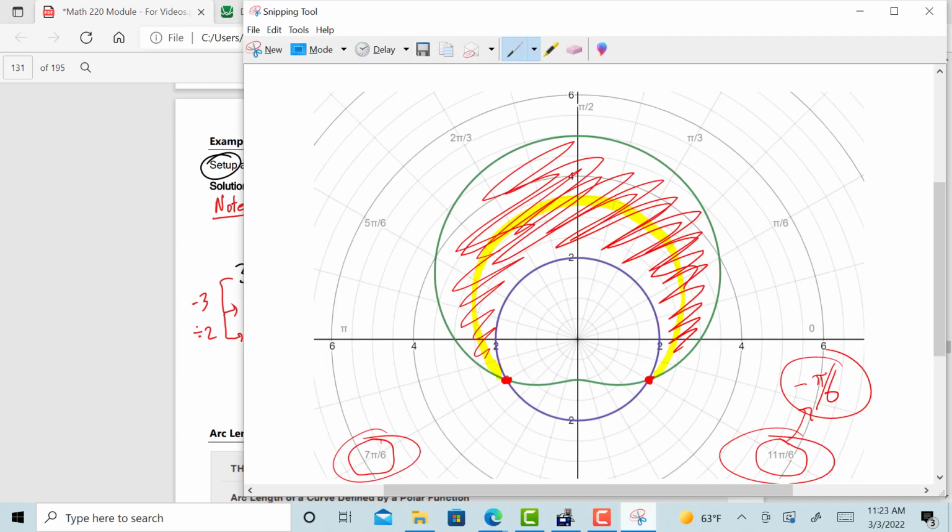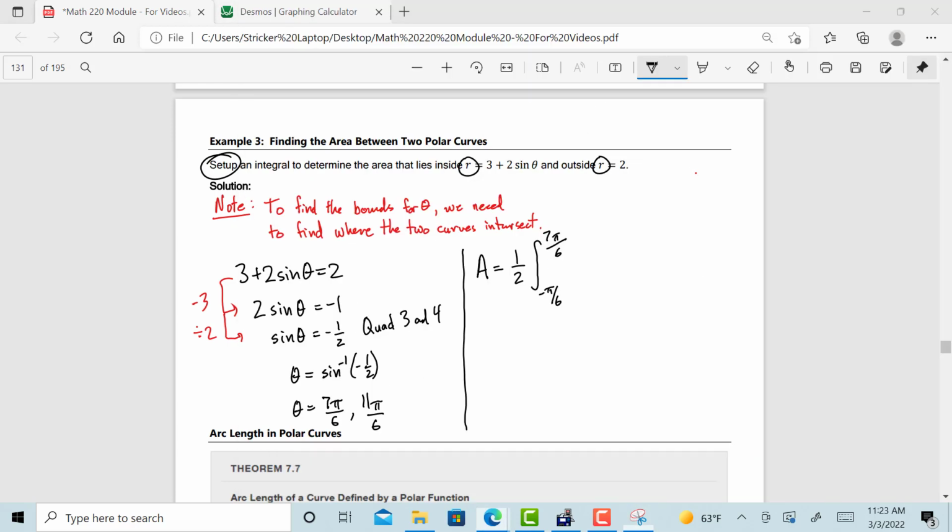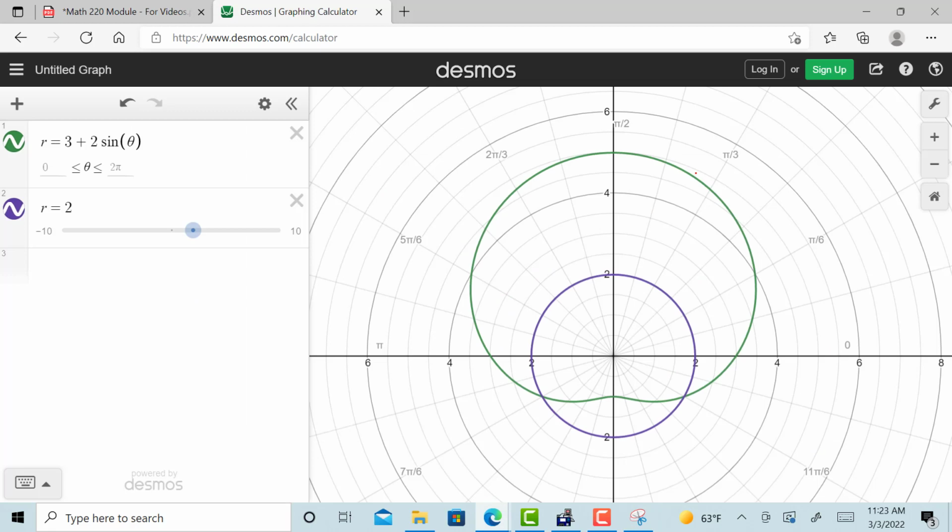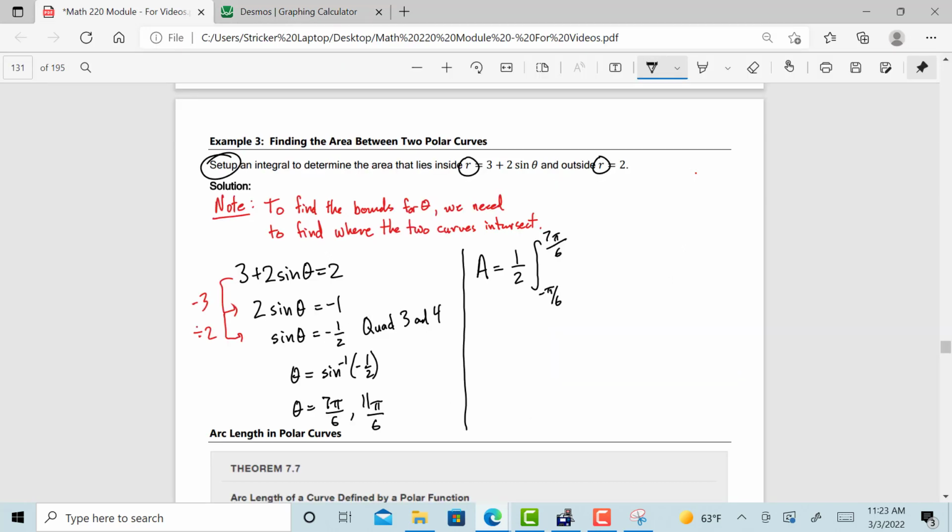Well, the outer curve was the green one. Actually, let's go to Desmos. The outer curve was the green curve. So that was the 3 plus 2 sine theta. The inner curve was the purple, the circle, r equals 2. So what we're going to have is the outer curve squared minus the inner curve squared d theta.